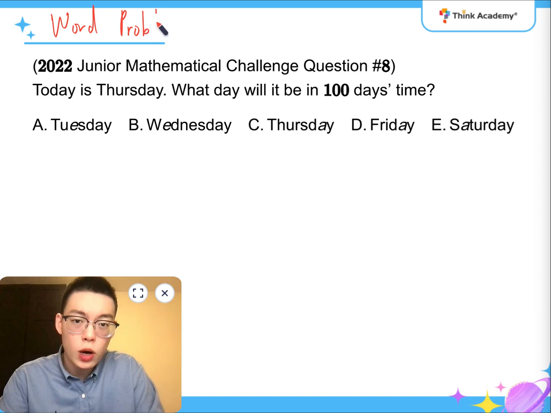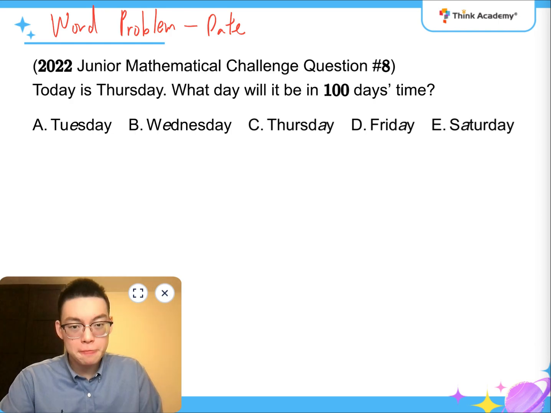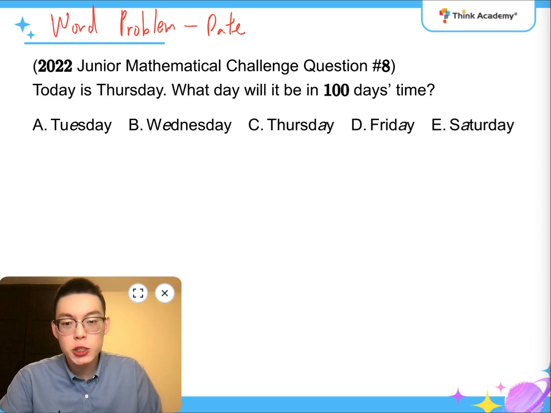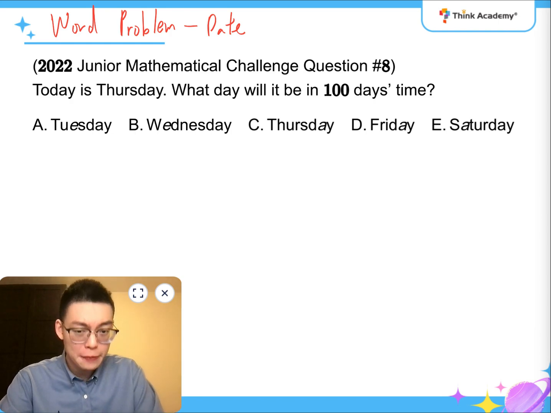So it's a word problem on date. Today is a Thursday. What day will it be in 100 days' time? So it means that 100 days later, what's going to be the day? We know that every 7 days later, it's going to be another Thursday, right?